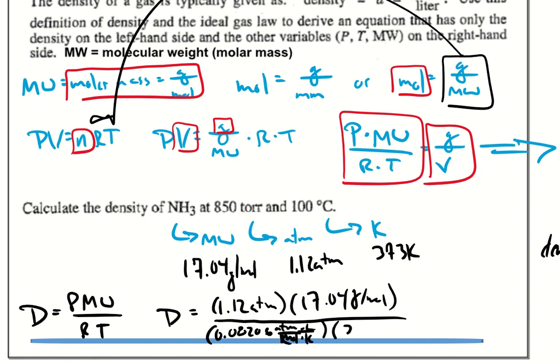And the temperature in this case, 373 Kelvin. A quick check on units. Atmospheres cancel, moles cancel, Kelvin cancel, and I'm left with the units of grams per liter, which sound like a good unit of density. Calculating this out, I get a value of 0.624 grams per liter.